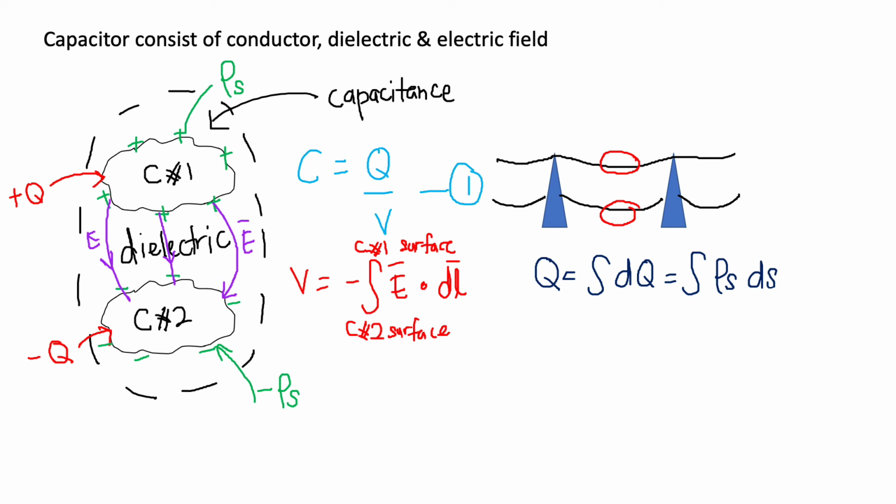Recall our boundary condition, conductor dielectric, where from that condition we know that we can write D equal to rho S a_N. And here I'm going to write rho S equal to D dot a_N.